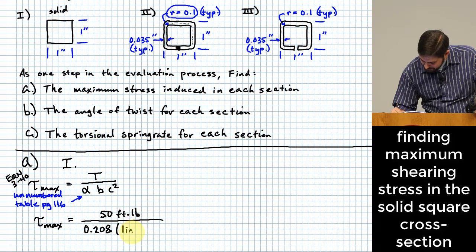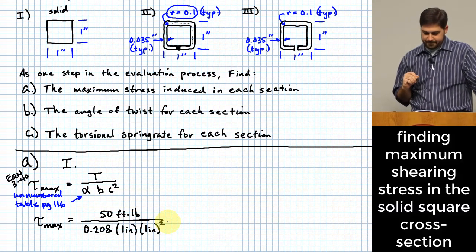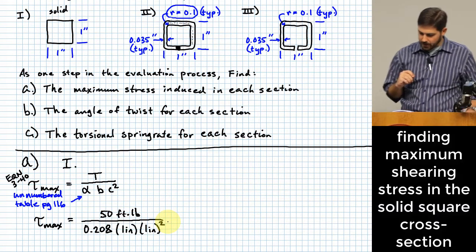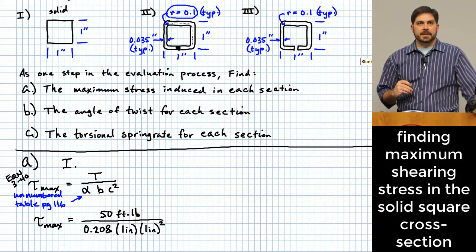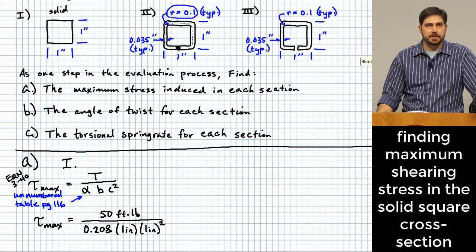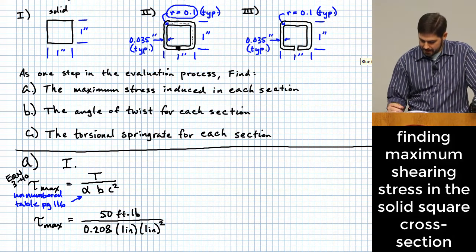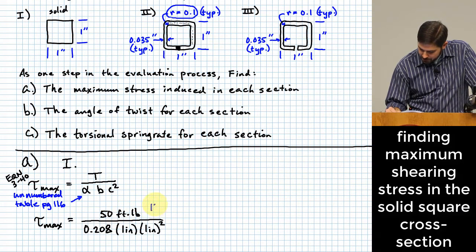We have 1 inch times 1 inch squared. Okay. If we want to just plug this into a calculator, we need a conversion factor here probably, right? What do we need to do there? Okay, there's a foot right here, so we probably want to multiply this by 12 inches per foot.